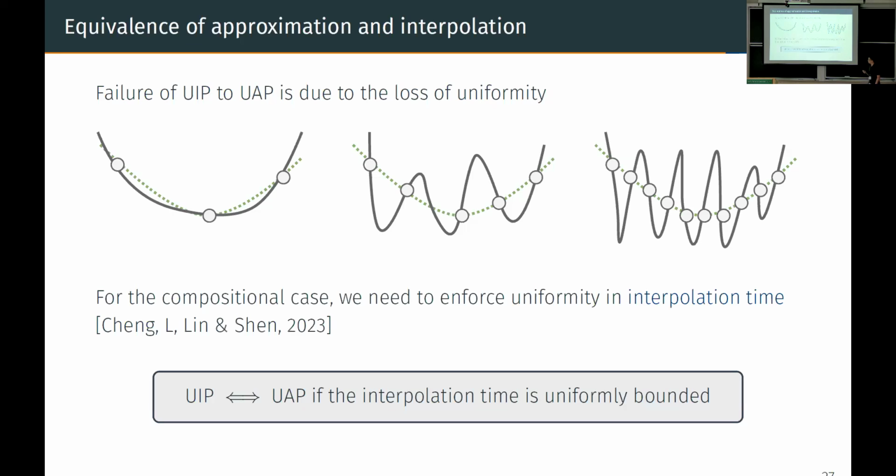What we can show, in a very rough form, but if you're interested I can tell you the exact formulation, is that interpolation and approximation are actually equivalent if the points you're trying to interpolate or approximate are sampled from the graph of a function, and the interpolation time is uniformly bounded over the whole domain. This also gives you quite an interesting function space to think about: if your function has this property, then maybe a deep network is a good one. This is something that we're still working on.